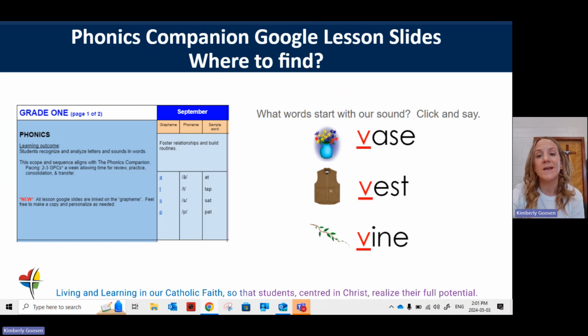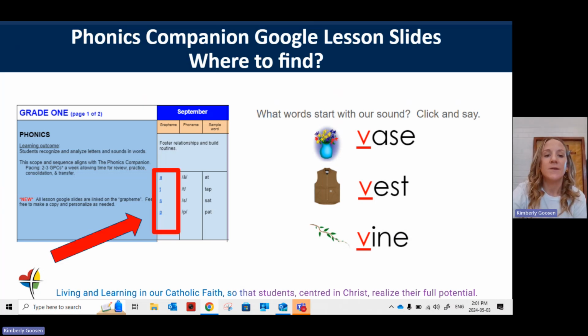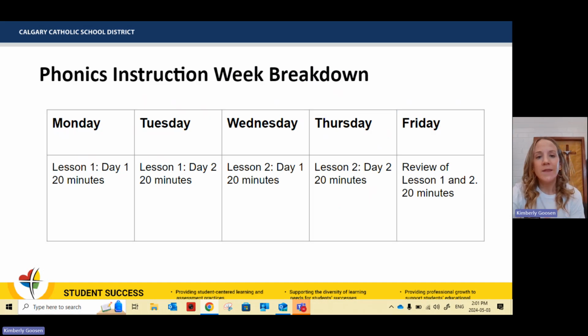So when you go onto that scope and sequence and you click on that grapheme, the Google lesson slides will pop up. And so you'll see there. So really the idea is these slides are slightly different than the Phonics Companion and how it's set up, but this is really up to your teachers how they want to do it. They can follow the book or they can follow these slides.